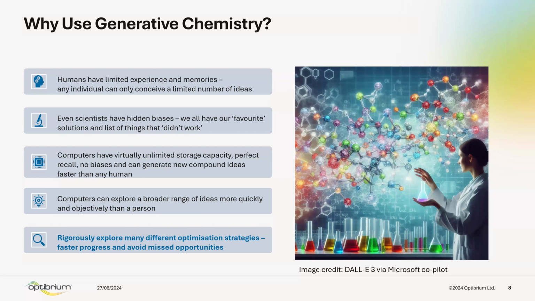And in the context of drug discovery, what this enables us to do is to very rigorously explore many different optimization strategies. It enables us to make faster progress in our projects and, importantly, avoid missing areas of chemical space or interesting series or compounds that might provide a valuable route forward for our projects.